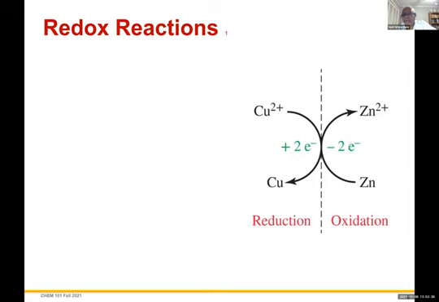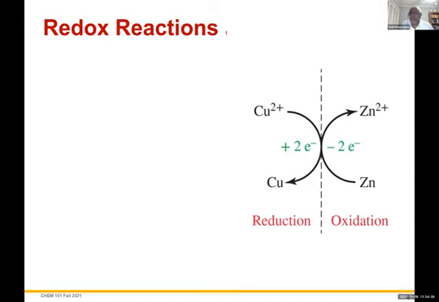Gaining an electron is a reduction. We're going to talk about that more. On the right side, zinc loses 2 electrons, producing zinc 2+. Zinc loses electrons, so zinc undergoes oxidation. Copper 2+ undergoes reduction.